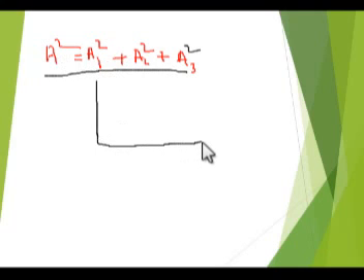Drawing a rectangular Cartesian coordinate system, take the three axes x, y, z.